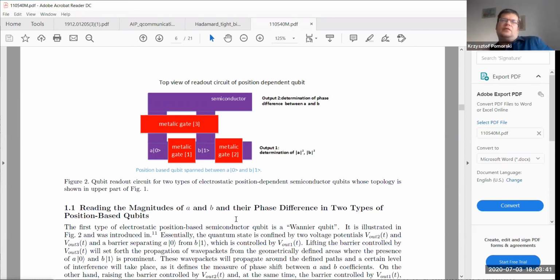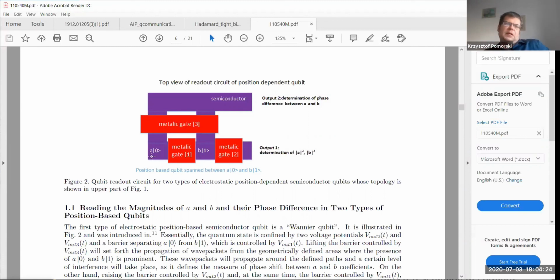You can read the amplitude: you have the localized wave function in two places here and here, effectively represented by coefficients A and B. When you raise all the gates, this wave function tends to spread, and you will see two peaks in your current flow, which correspond to the presence of the wave function in B and in A.